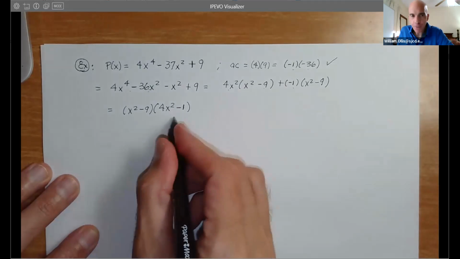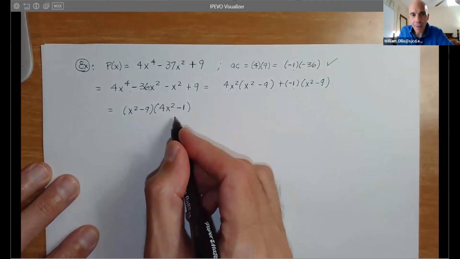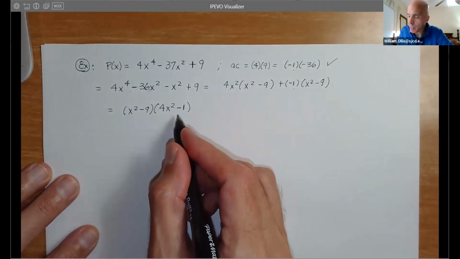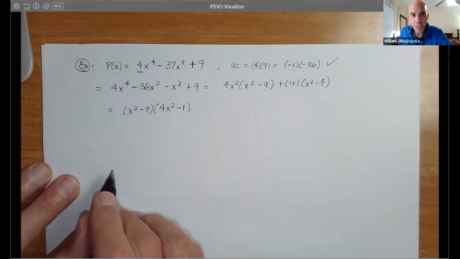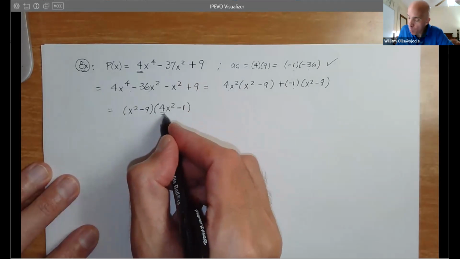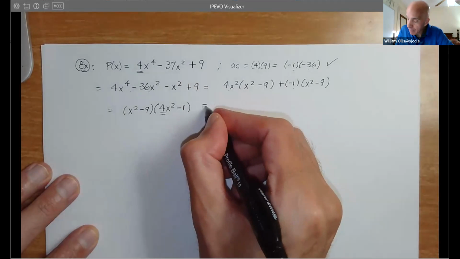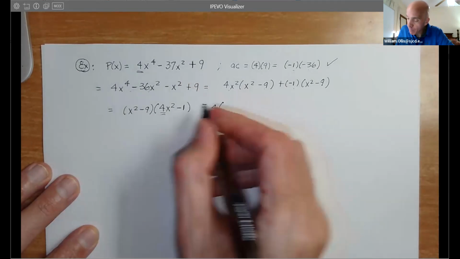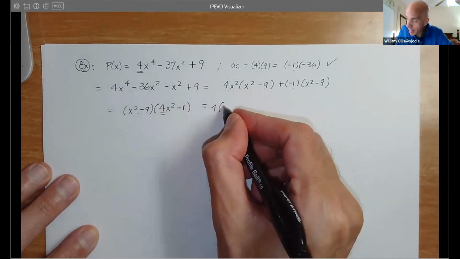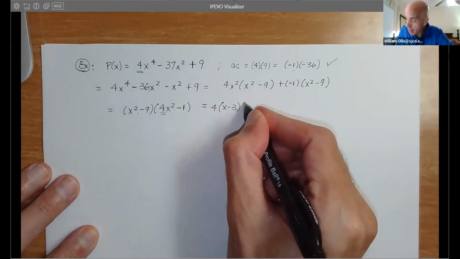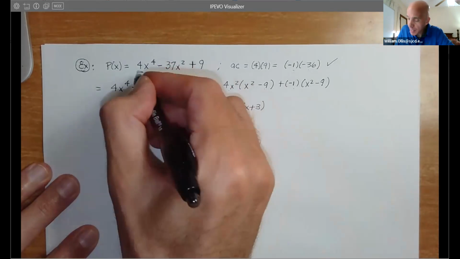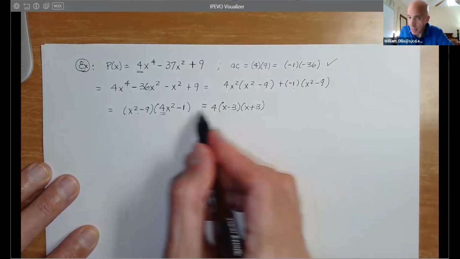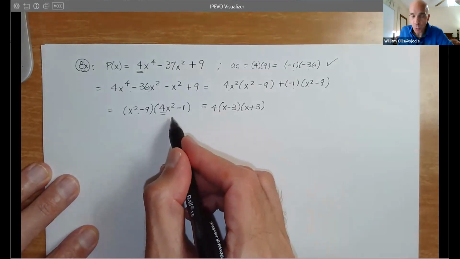Now, of course, these are differences of squares, but we can think about complete factorization, ladies and gentlemen, and go ahead and factor the 4, because we see now that that 4 is the leading coefficient. So factor this 4. We'll go ahead and factor this difference of squares, x minus 3, x plus 3. Now, of course, this is an even function, so we see that our roots or zeros will be symmetrically distributed.